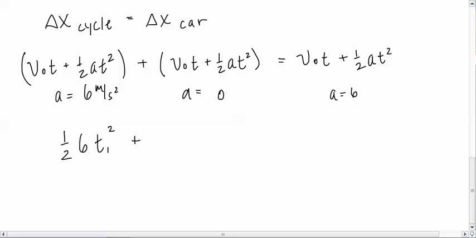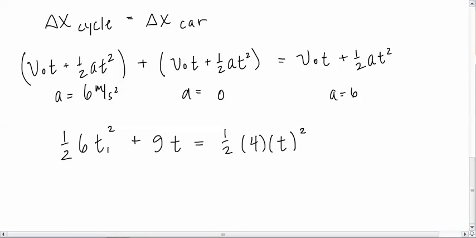Sorry, we were given that. That would be 9 times t, meaning the time that it's moving at a constant rate. And that would be equal to, our initial velocity for the car is 0 plus 1/2 its acceleration is 4. I'm going to call that t1. Nope, plain t. Sorry about that. t squared.